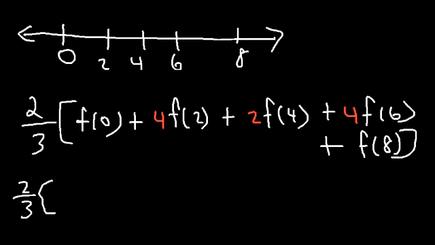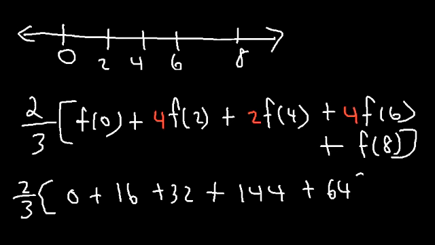So 0 squared is 0, 2 squared is 4, but times 4, that's 16. 4 squared is 16 times 2 is 32. 6 squared is 36 times 4, that's 144. 8 squared is 64. So now if we add 16 plus 32 plus 144 plus 64, that's 256.